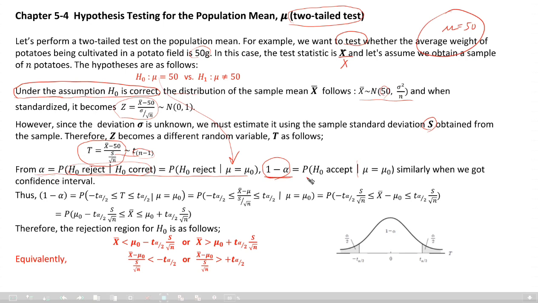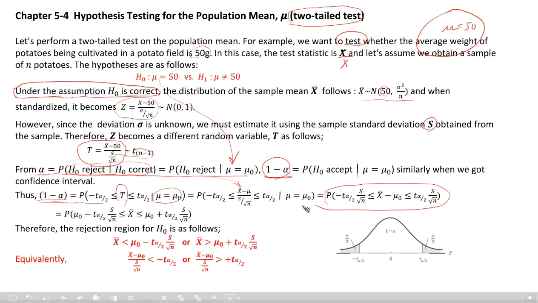We use this kind of equation. Okay, 1 minus alpha equals the probability of minus t alpha over 2 less than or equal to t less than t alpha over 2. The difference is here: mu equal to mu 0. Okay? Because now we are studying hypothesis testing. This is a pre-assumption. Then we substitute mu 0 here in t, and we get this equation.